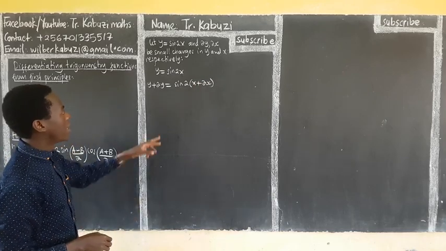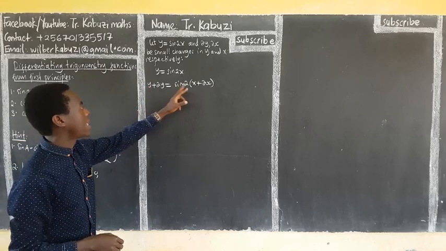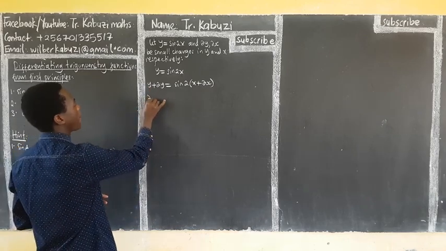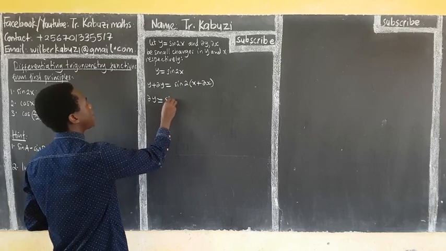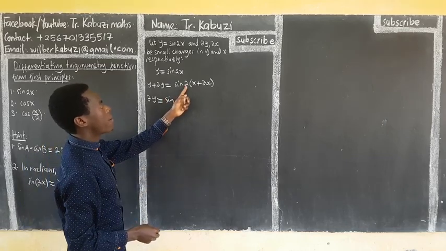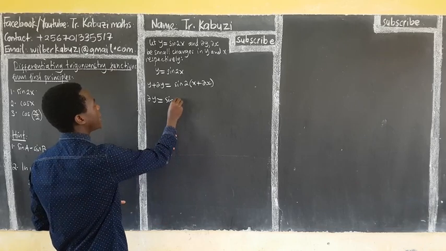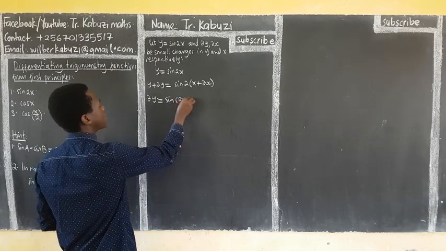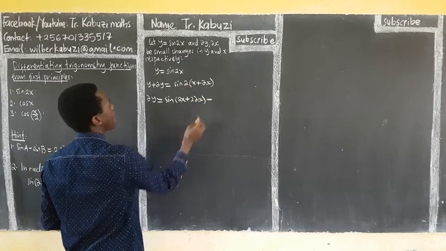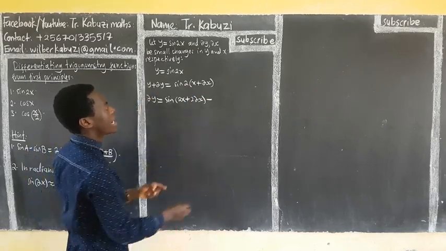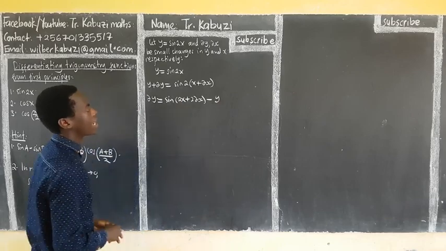From there, make delta y the subject by taking this to the other side. Our delta y will be equal to sine. Now we can open the brackets: 2 times x gives 2x, plus 2 times delta x gives 2 delta x. Then minus y, because when I take y to this side I have it like that.